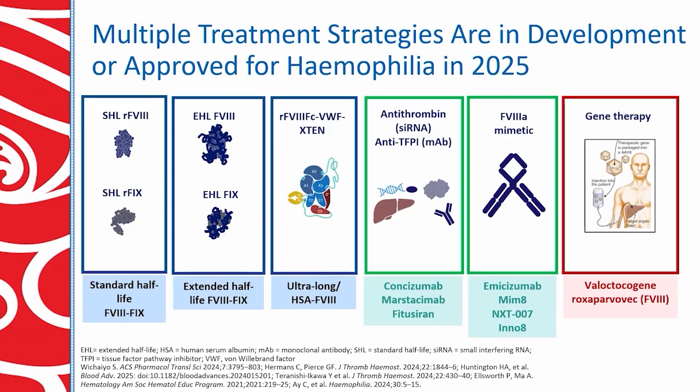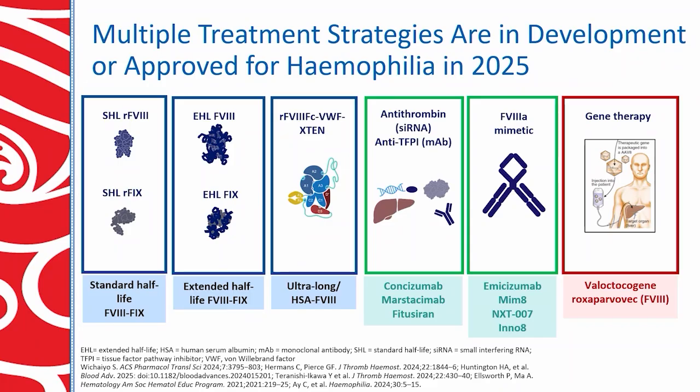You see that we have plenty of standard half-life factor VIII and factor IX products. Then we have the extended half-life products, which on average led to a prolongation of 1.5 for factor VIII and to a substantial prolongation in factor IX, where patients can use this product once weekly.